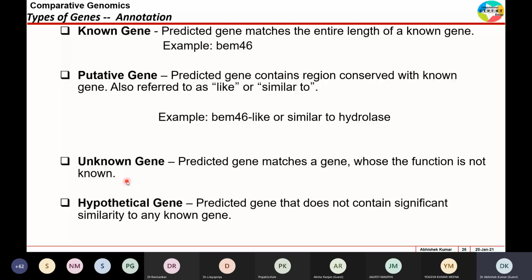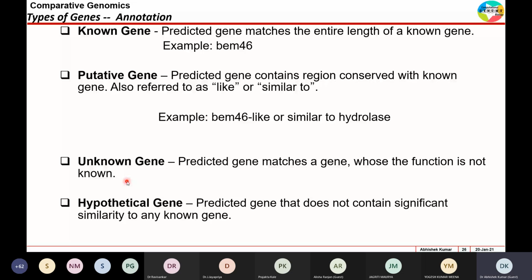Then there will be genes which remain hypothetical because they do not contain any signal of similarity. Maybe you have made a computational over-prediction and you're getting a gene which is not matching anywhere in your database, or there can be a database limitation also, but those genes are called hypothetical. These bottom two will create problems.